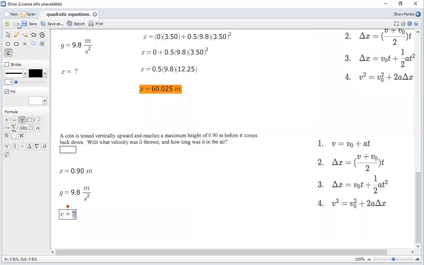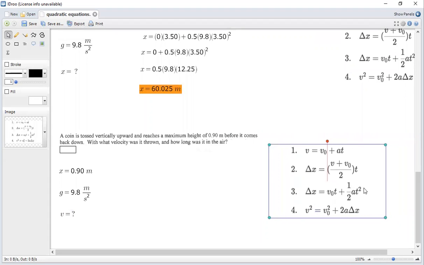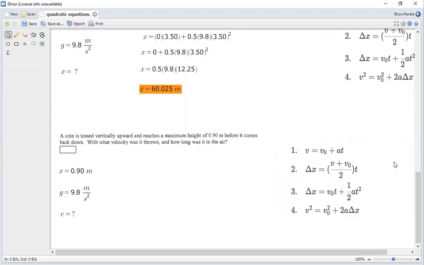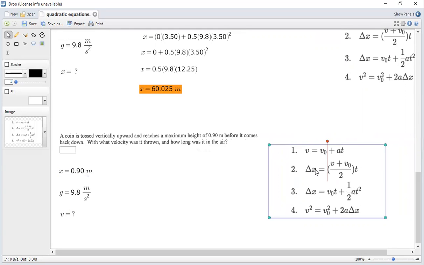Okay, so what formula? Look, we have X, because we have X here, right? We can use 2, 3, or 4 because in the first one, we don't have a time.